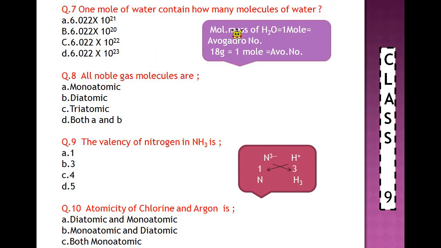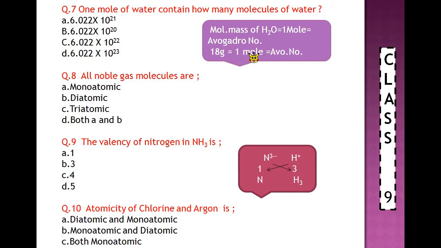Now you know that 1 mole of any molecule is equal to the Avogadro number and that is equal to the molecular mass of any molecule. So यहाँ पर वाटर का निकालना है. So हम वाटर का निकालने के लिए molecular mass of water is equal to 1 mole is equal to Avogadro number. So molecular mass of water is 18 gram. After calculating 18 gram, it will come 1 mole is equal to Avogadro number.